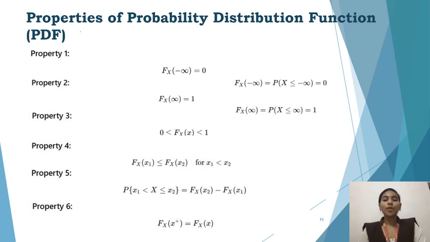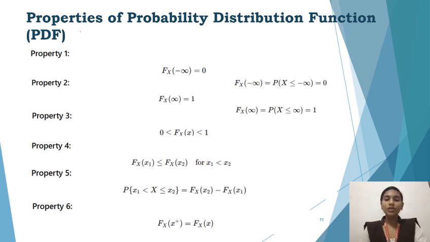Next, property 2. FX of infinity is equal to 1, where the value FX of infinity represents the probability that the random variable capital X takes any value which is less than or equal to infinity.